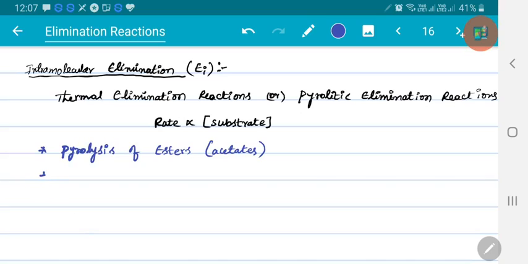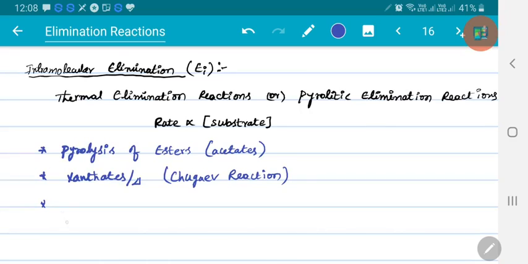Or it is observed in pyrolysis of xanthates. That means xanthates on heating, we call that the Chugaev reaction. So the Ei mechanism is observed in the Chugaev reaction, heating of xanthates.